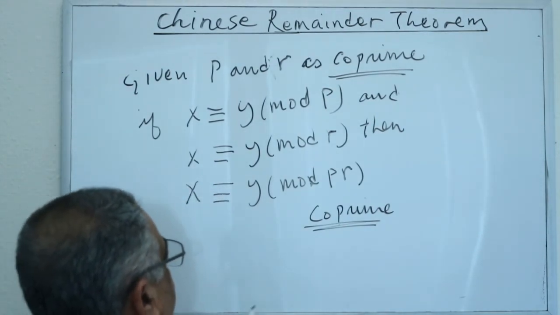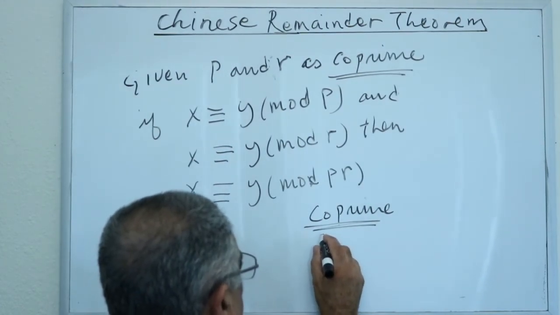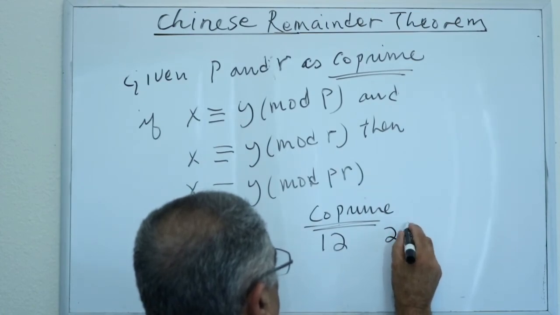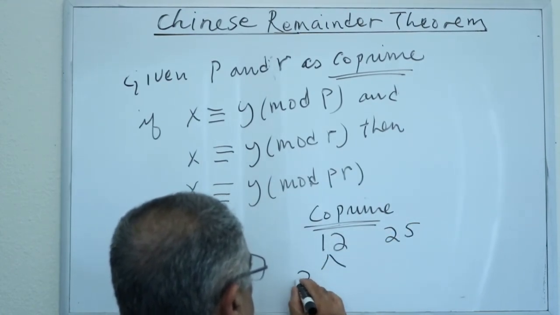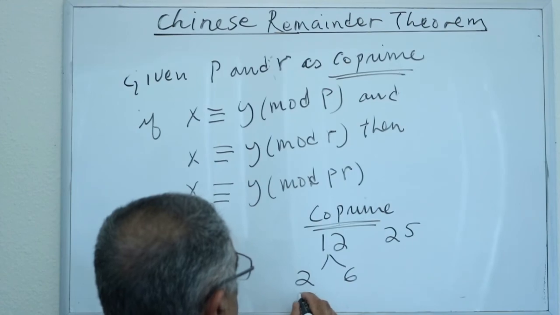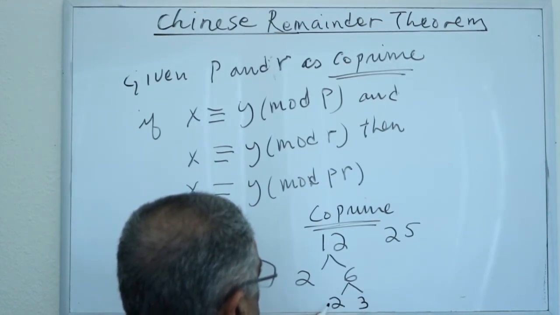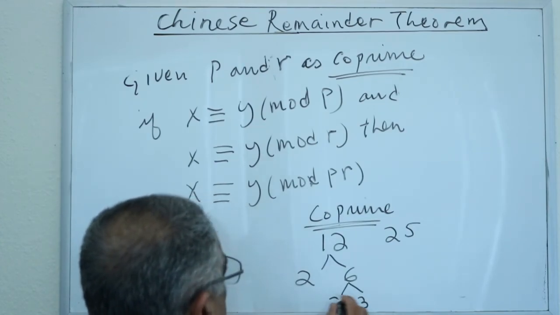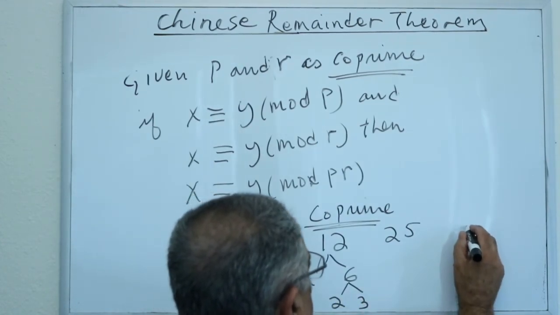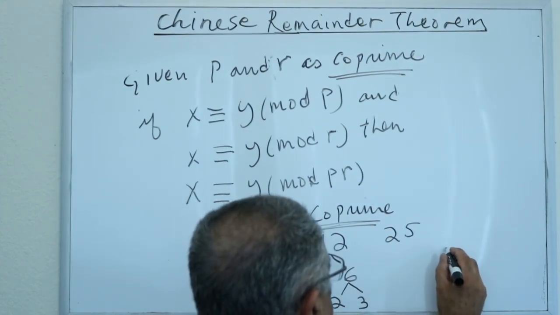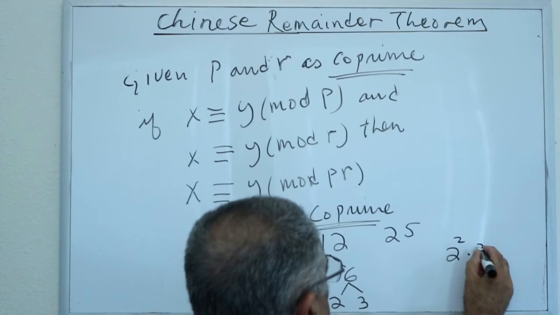So for instance, if I take two numbers, 12 and 25, what are the factors? 12 is 2 and 6, and 6 would be 2 and 3. So the factors of 12 are 2 squared times 3.